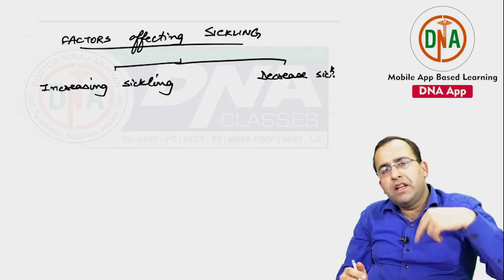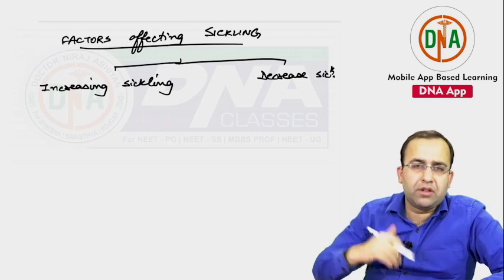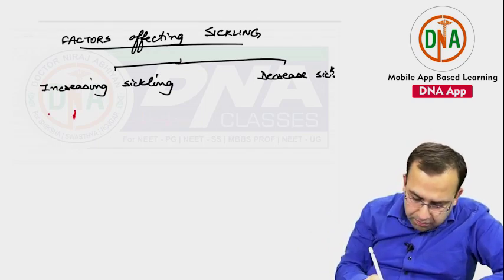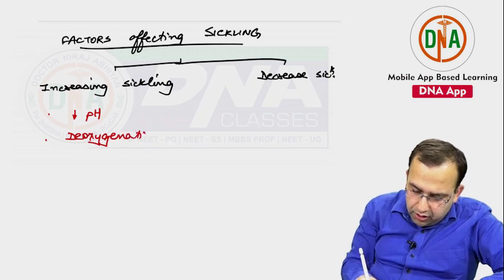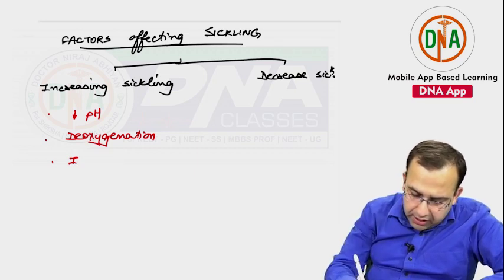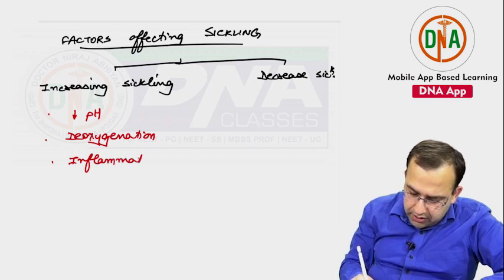So when is deoxygenation going to occur? When is the RBC going to release its oxygen? When will it deoxygenate? In cases of reduced pH, deoxygenation for any cause, inflammation, dehydration. We very well know that sickle-shaped RBCs, they are dehydrated in nature.